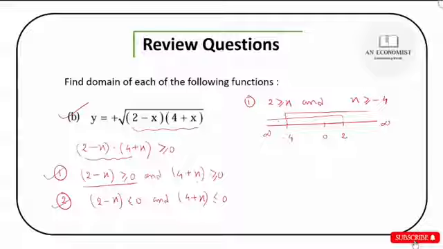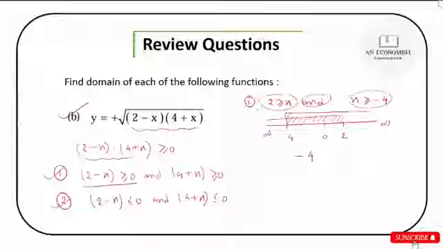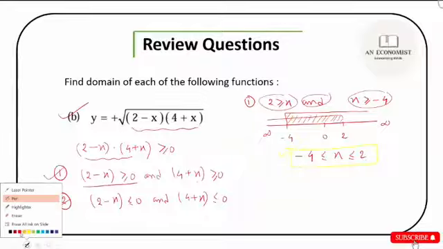So what is the common part? This thing is the common part, right? So if you combine these two expressions, because you have 'and' here, what will you get? Minus 4 less than or equal to x less than or equal to 2. This is the common part and we are writing this in a combined form.